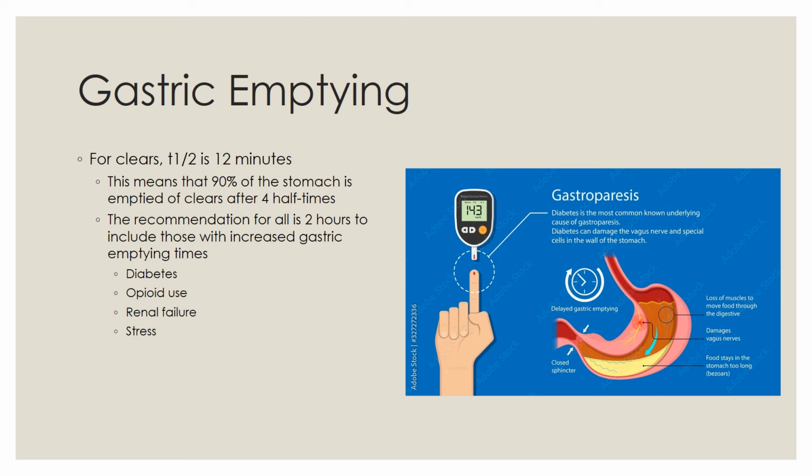So that is why the recommendation is 2 hours NPO time for clears, but the half time for a healthy person is really only about 12 minutes. This image just reminds us about how gastroparesis tends to develop in diabetics through damaged vagus nerve inputs.